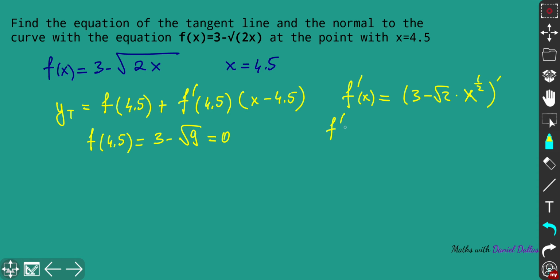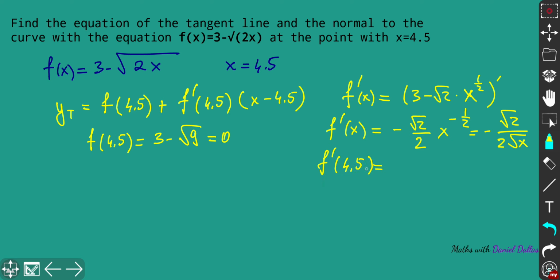So f prime of x in general is going to be equal to negative square root of 2 over 2, and x will get the negative power, so x to the negative 1 over 2. If you like, you can rewrite using surds, so that's going to be negative square root of 2 over 2 square root of x. Okay, so that's the derivative, and now you need to plug in 4.5.